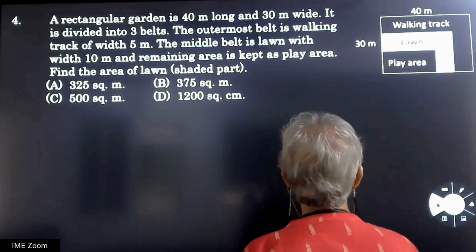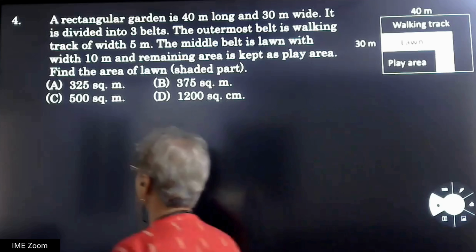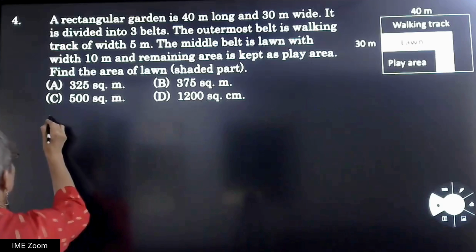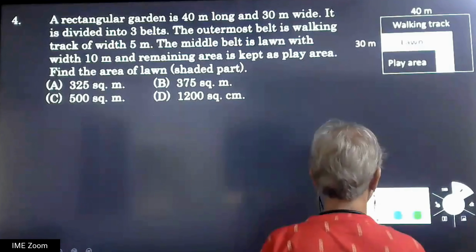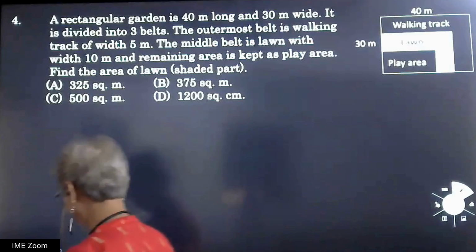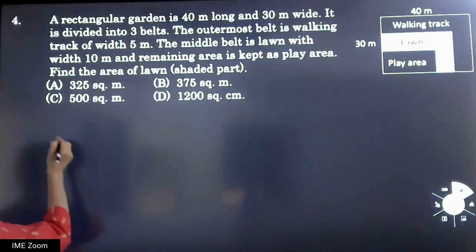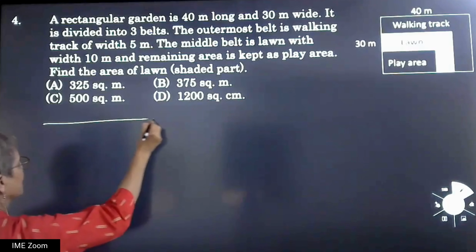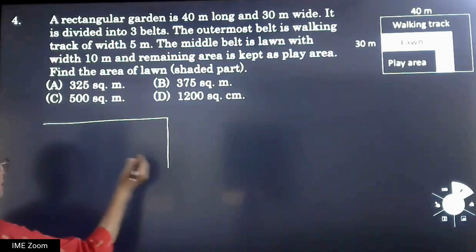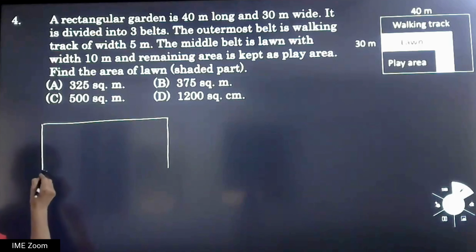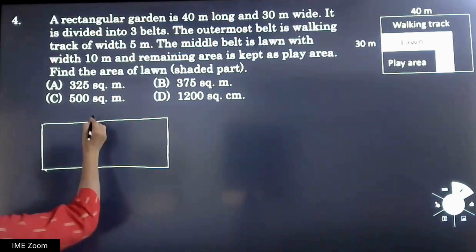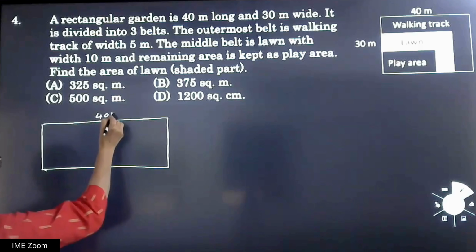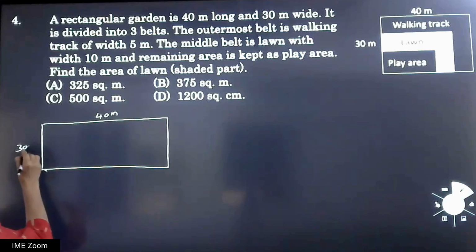Okay, what is given? This is a rectangular park. I will draw a slightly bigger figure. Whatever is given, we are going to show. This is 40 meters and this is 30 meters.